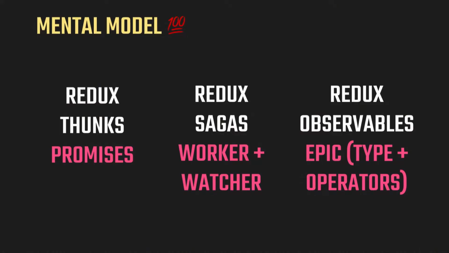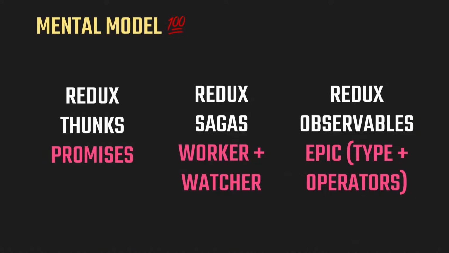Before I dive more into code, I'm going to talk a little bit about the mental model of each of these. So Redux Thunks uses promises as their base model. And we'll look at an example, so things will get more clear. Redux Sagas have a worker-watcher model. So as the action type, let's say a login request, is being sent out, and if it matches, a worker is going to just work on that request.